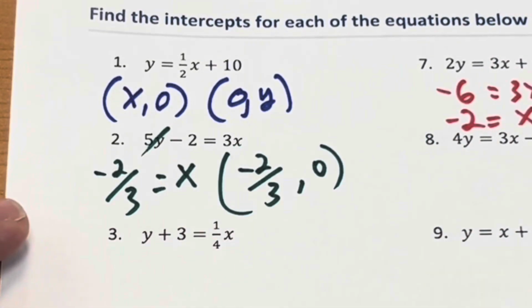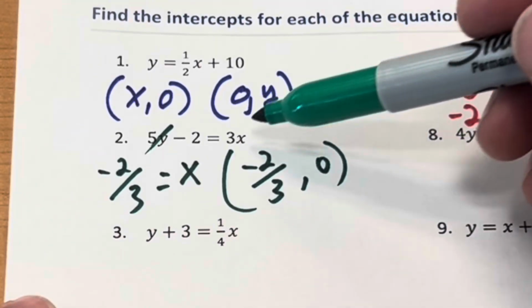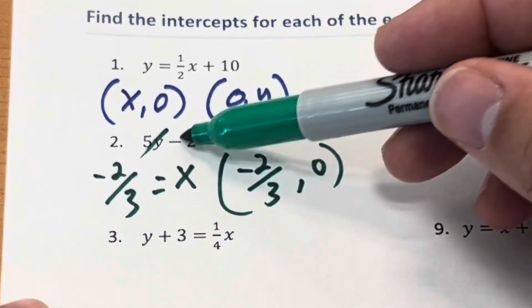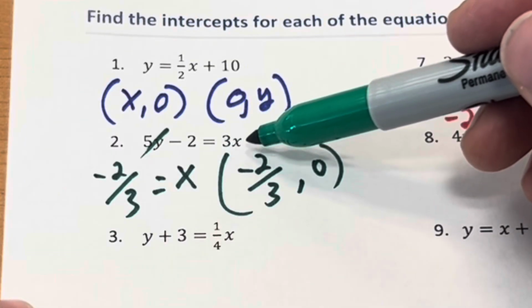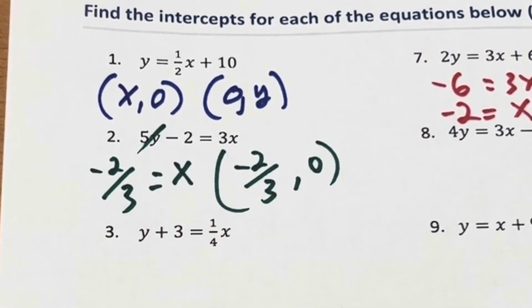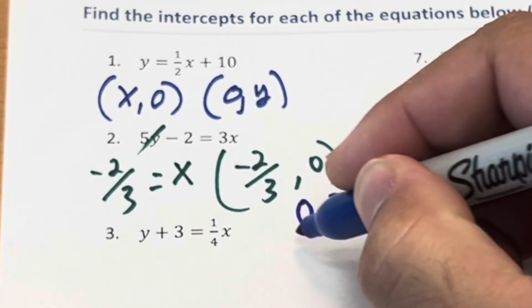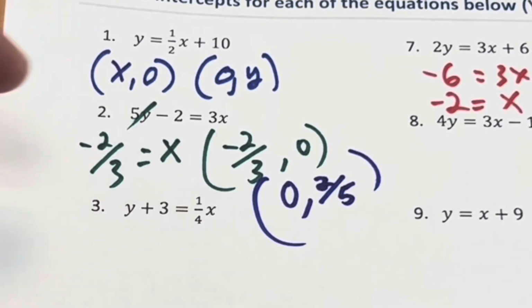The y-intercept: 0 to x, all this is 0. The 2 is negative, goes here positive, 2 over 5. So 0 comma 2 over 5 would be the y-intercept for this exercise.